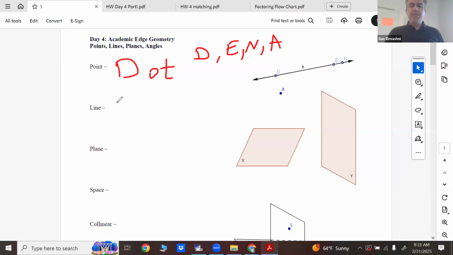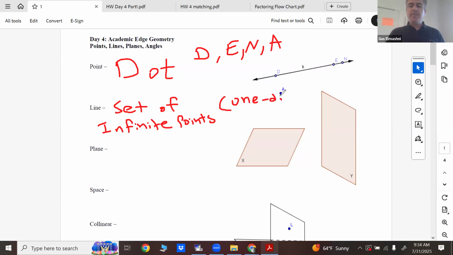A line is a set of infinite points. And it's one dimensional, just a set of points that's straight.